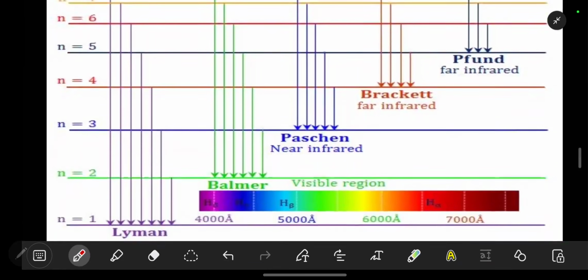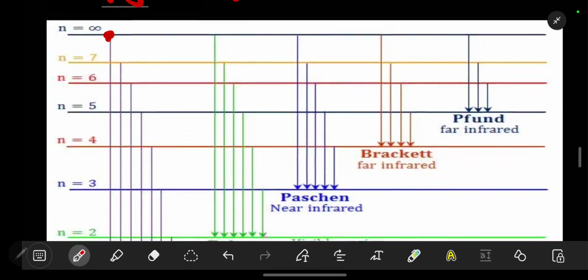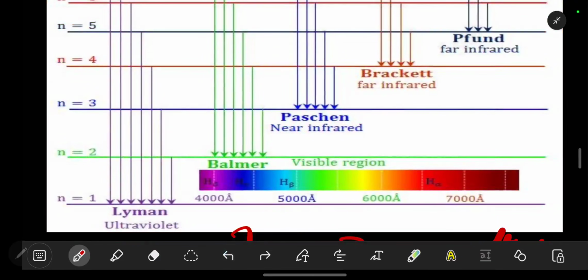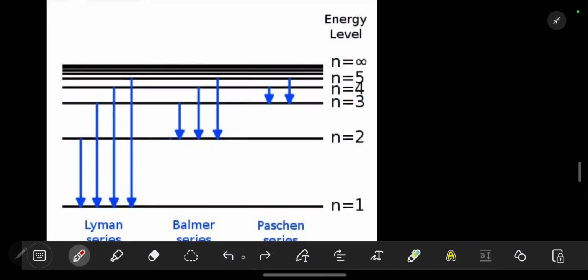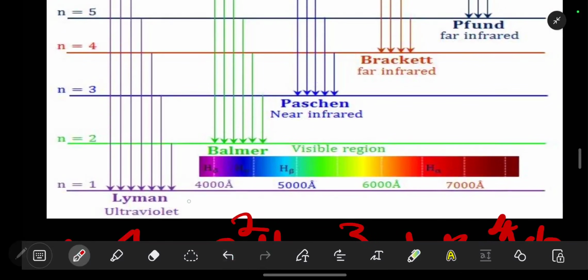If at any energy level it drops to number 1, then that is what we are going to call the Lyman series, and this is the one that produces ultraviolet radiation. The ultraviolet radiation is very high energy because it is even closer to the nucleus.